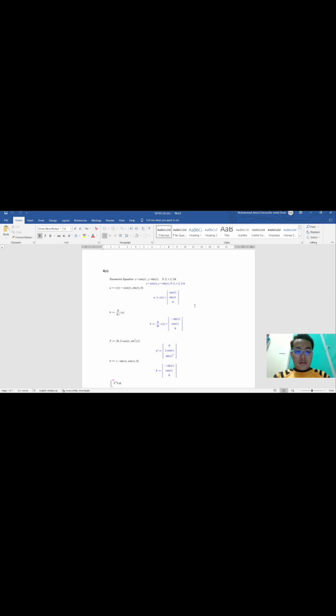So A equals r(t) equals (cos t, sin t, 0). B is d over dt of A, so B equals dt r(t).